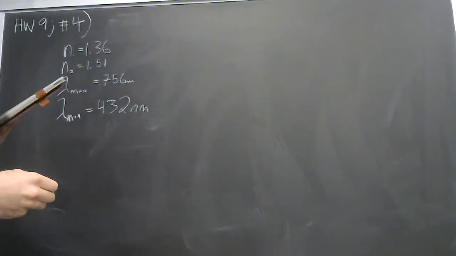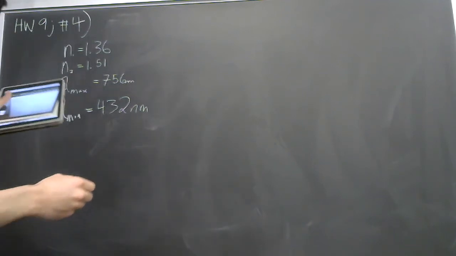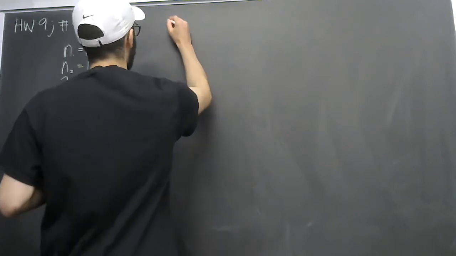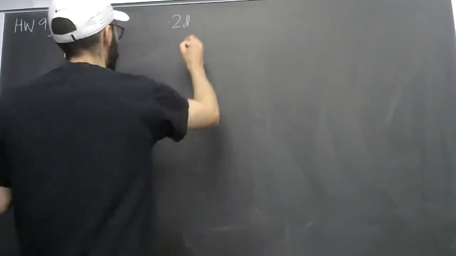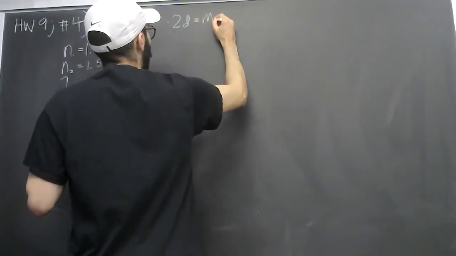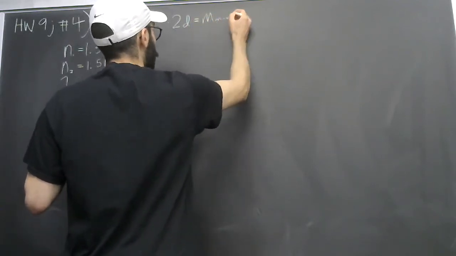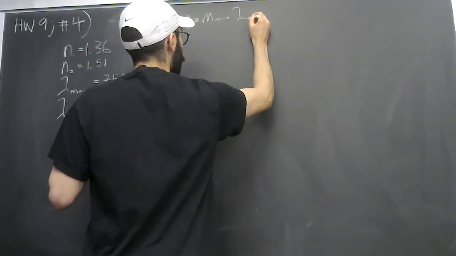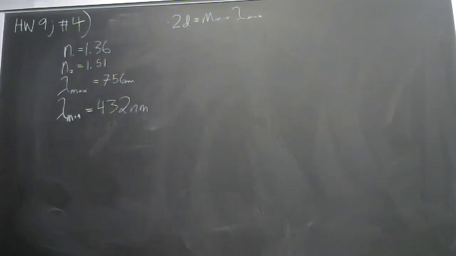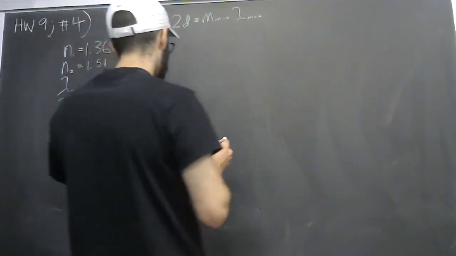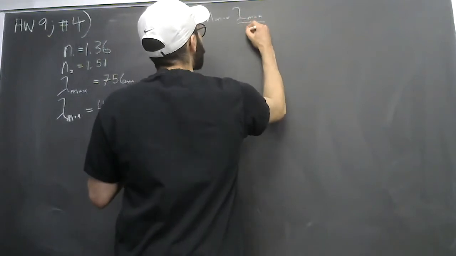In this situation, like I said, we have two scenarios, destructive and constructive. If we set up our equations for both, with respect to destructive we have 2d equals m max lambda max. The other important thing to remember here is we're given these wavelengths in air, so we actually have to recognize what they're going through, which is the alcohol.